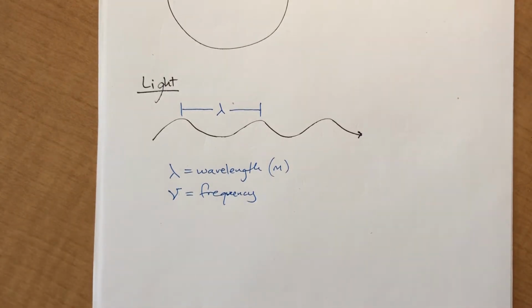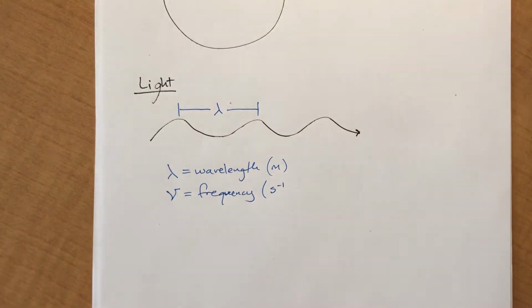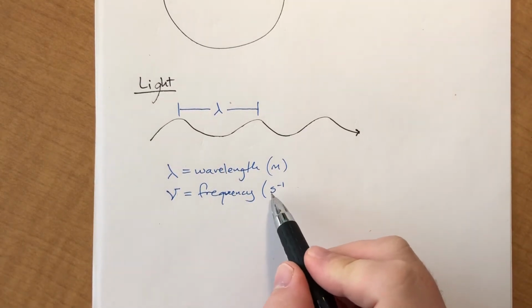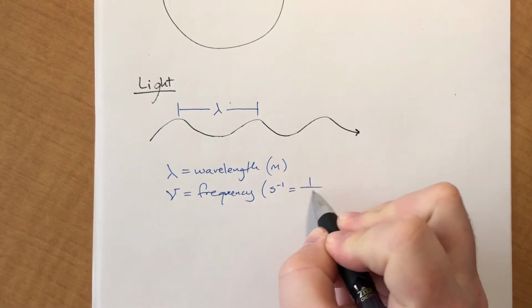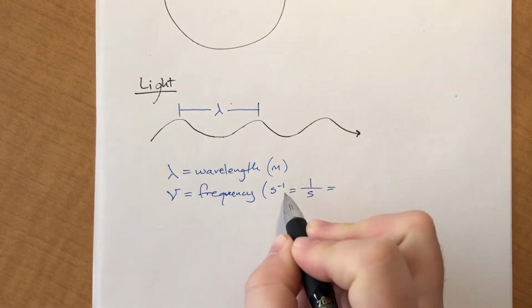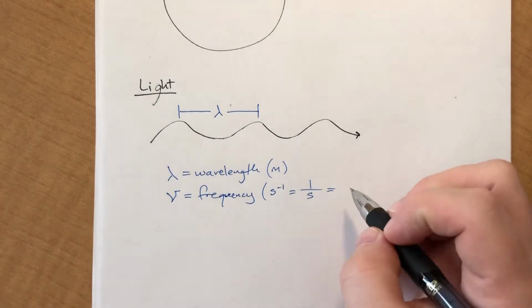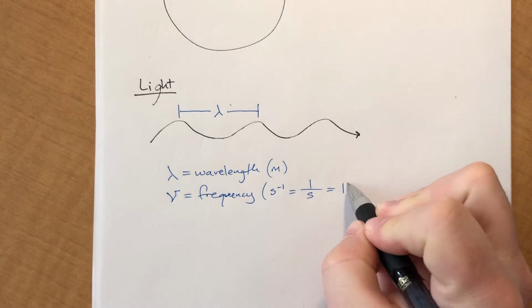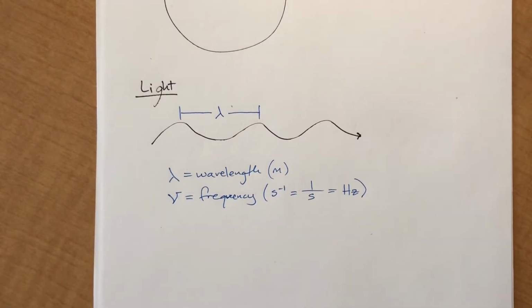So it's how many peaks per unit of time, or how many oscillations per unit of time. The typical units are inverse seconds. I typically write it like this, s raised to the -1. This is the same thing as saying 1 over seconds. I write it like this because it's easier, but it means this. For any of you physics people, this also refers to something called hertz. Hertz is basically how many oscillations per second.